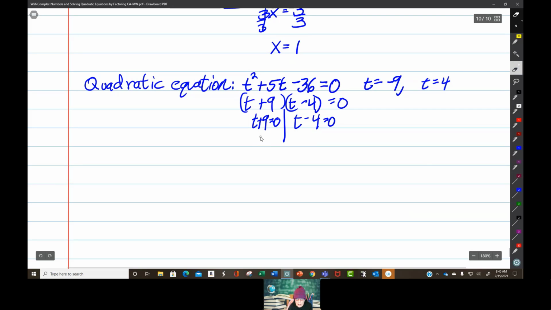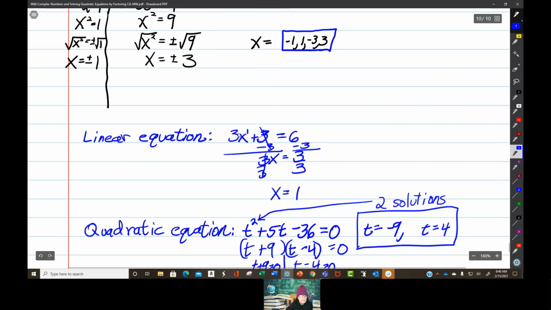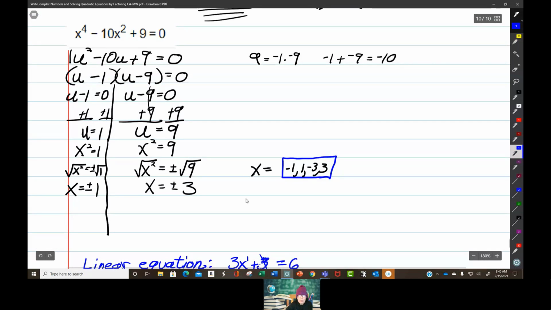I subtract 9 from both sides, I get t equals negative 9, and I add 4 to both sides, I get t equals positive 4. Anyway, there are two solutions. Most of the time there are 2. And that 2 matches that 2. So here we have highest power 4, and we've got 4 solutions to the equation.